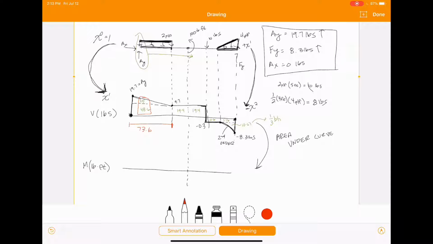And that is going to be positive because the area is above this axis of the shear. It's on the positive side. So this here is positive. And then between here and here, it's going to change by 19.4. Again, that's positive. Same with here.